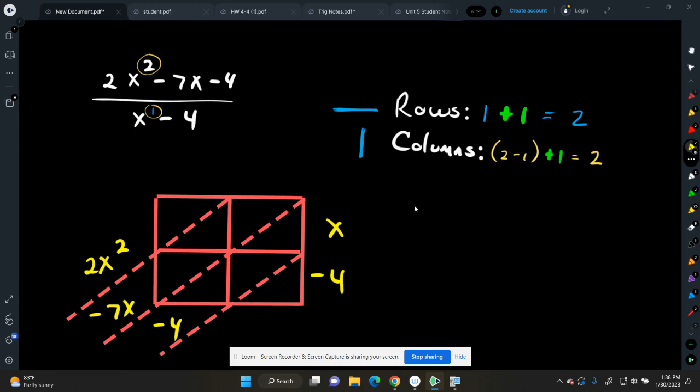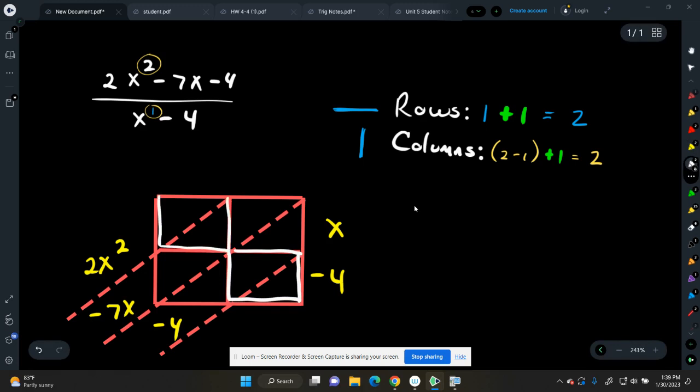Okay, so now let's start solving it. We always work with these 2 squares first: the bottom right and the top left. The reason we always do that is that if we look at the diagonal, it only goes through 1 square.